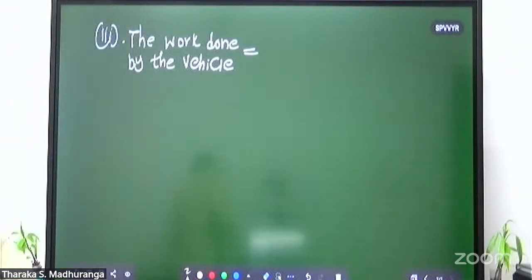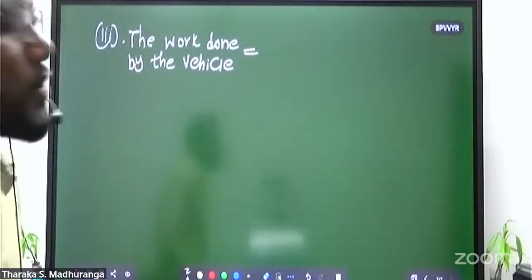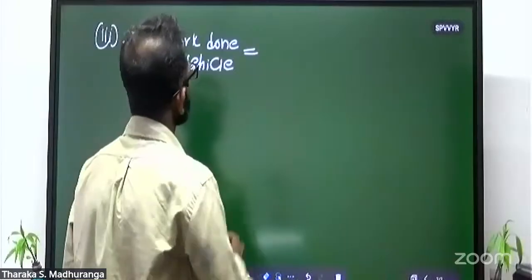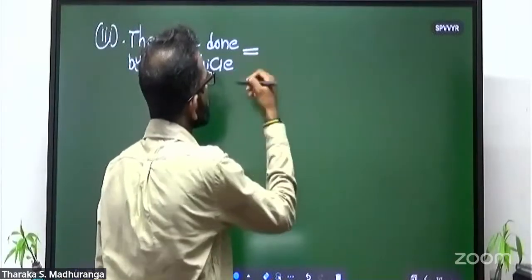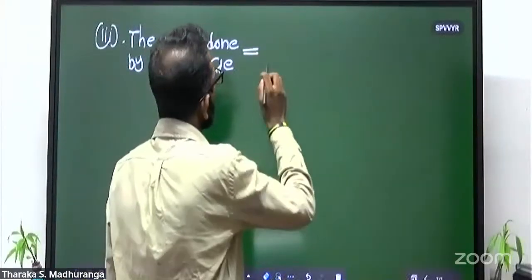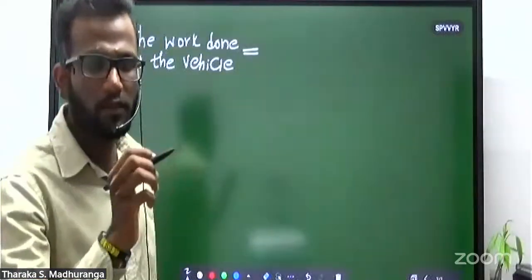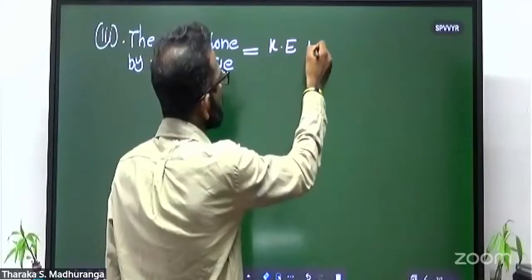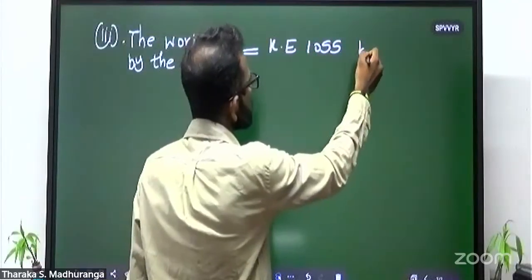That's a horizontal road, therefore only friction force, and other extra forces are not affecting. In this closed system, the work done by the vehicle should equal the kinetic energy lost by the vehicle.